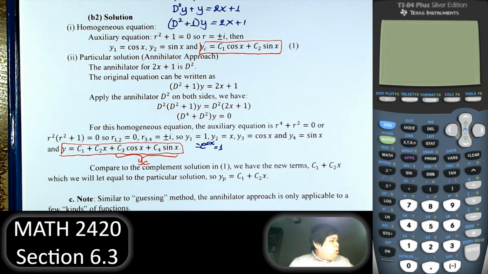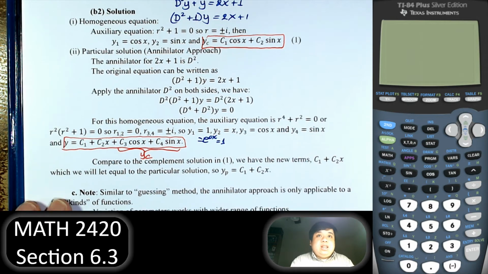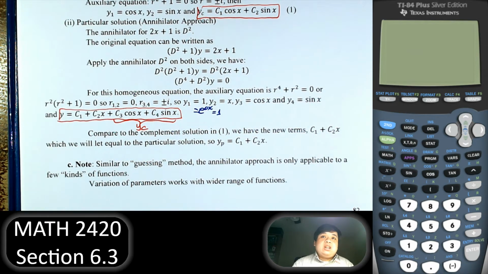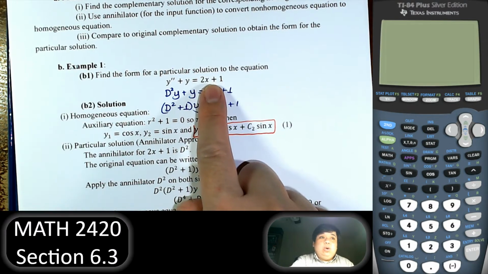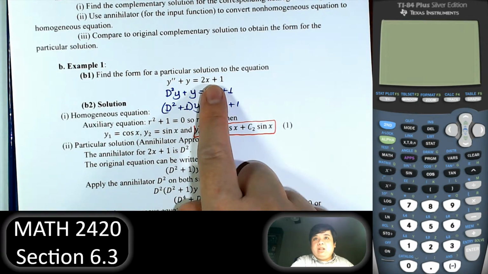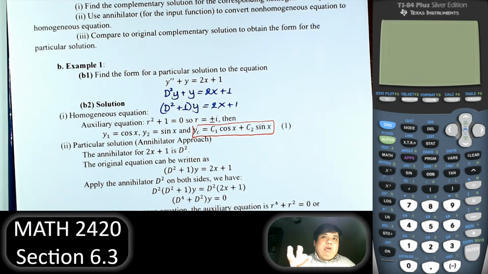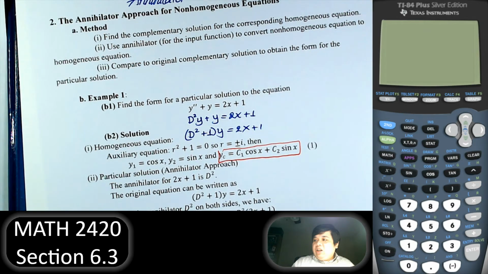So in terms of guessing, this is just a little more systematic, but it can only work for a certain type of input function. If we have something like tangent here, it's not going to work. We have to use variation of parameters, because we don't know the annihilator of tangent. I mean, it's not given in the table here, right?